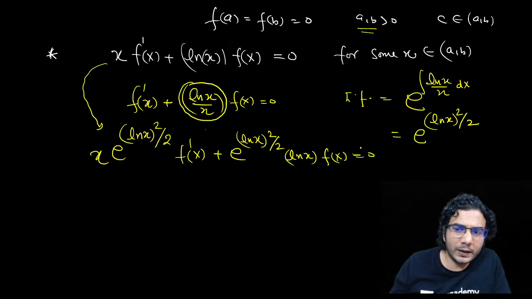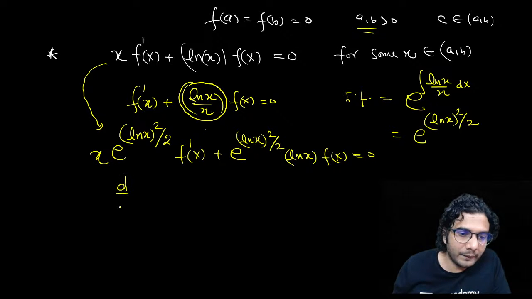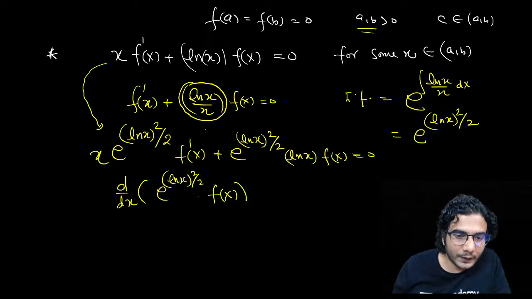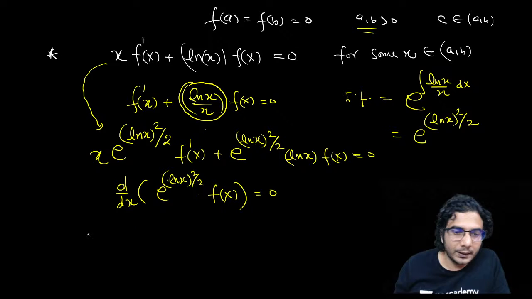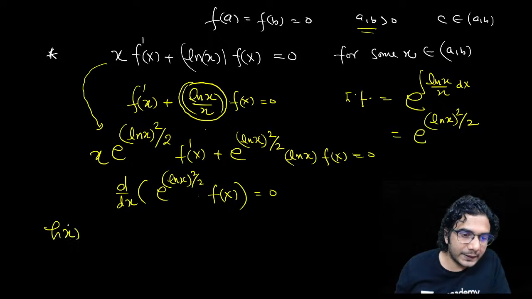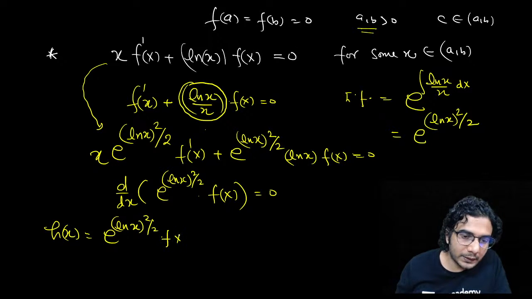We have multiplied this whole equation by this integrating factor, and we can write this is nothing but the derivative of e raised to (ln x) the whole square by 2 into f x. So we have taken h x is equal to this function, e raised to (ln x) the whole square by 2 into f x, and Rolle's theorem is applicable to this function.